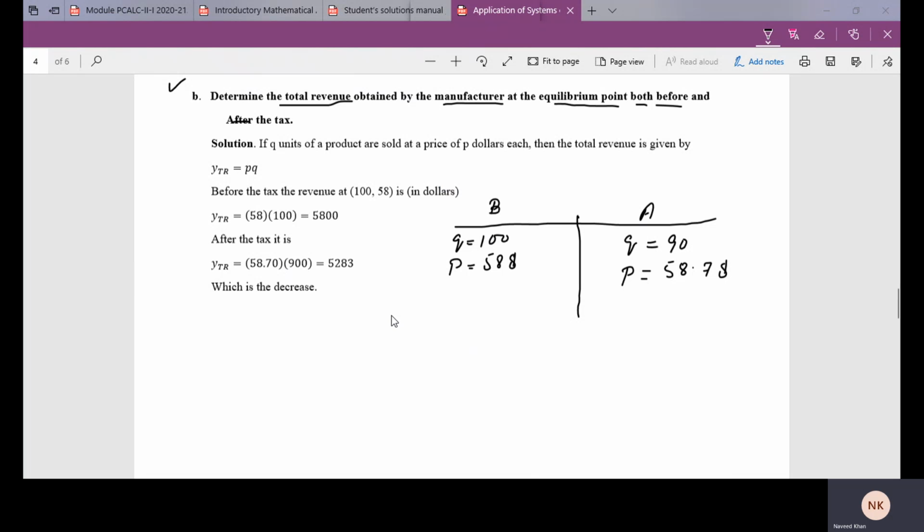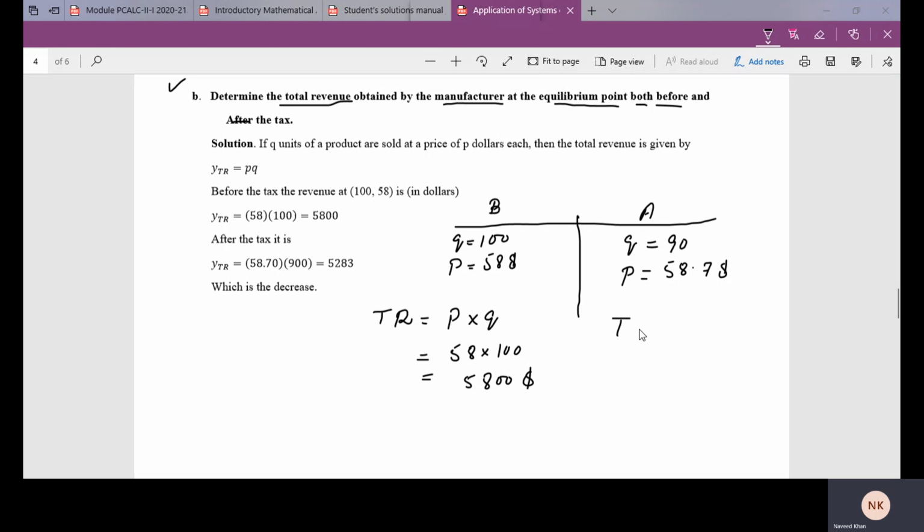So before tax, total revenue will become P multiplied by Q. So P is equal to 58 multiplied by 100. The answer will become $5,800. This is the total revenue before the tax.